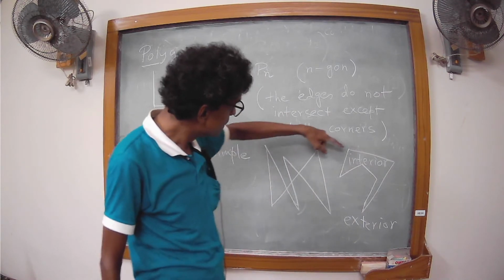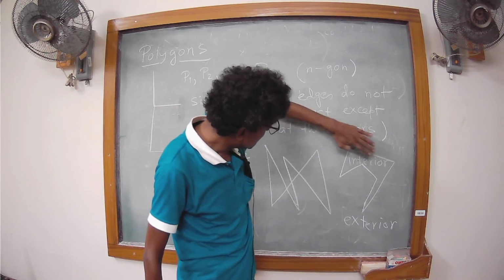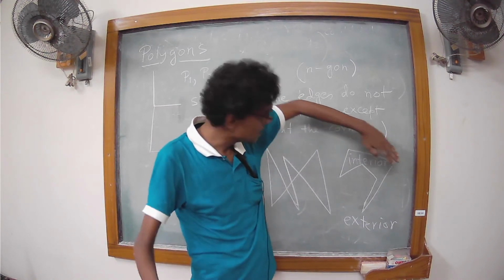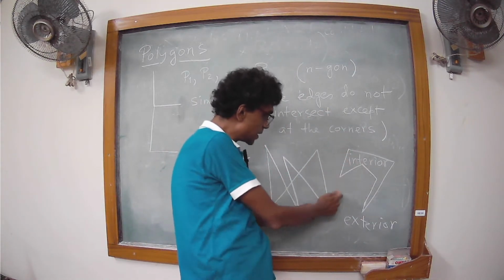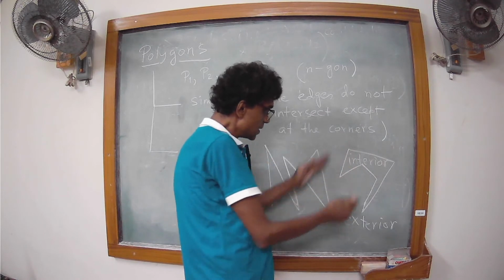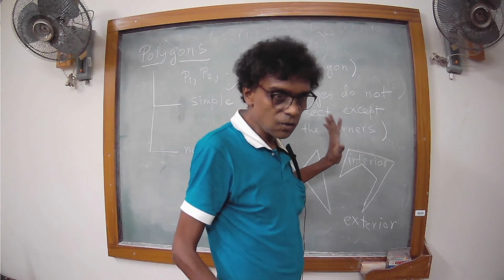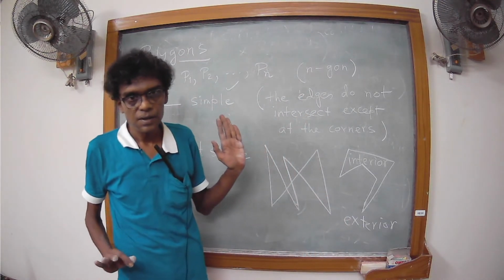How do I classify? If I move along this direction, then the interior will always lie to my right. Right? Okay, if I move. On the other hand, if I take this direction, this orientation, then the interior will always stay to my left. So that way I can specify two orientations.